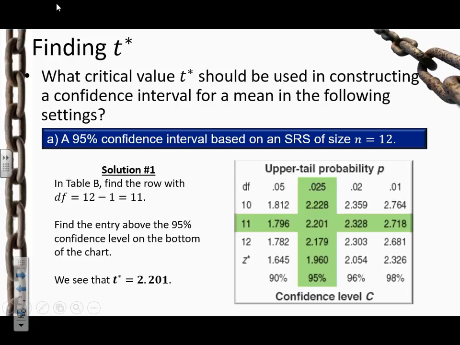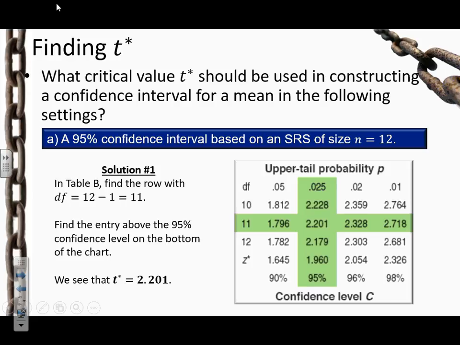Since the t-star has more area in the tails, it makes sense that our t-value would be larger than our z-value. So if you calculate a t-star and it's smaller than the corresponding z-score, you did something wrong. You either used the wrong confidence level or something. Your t-star should always be larger than what you would expect for z. So in this case, 2.201.